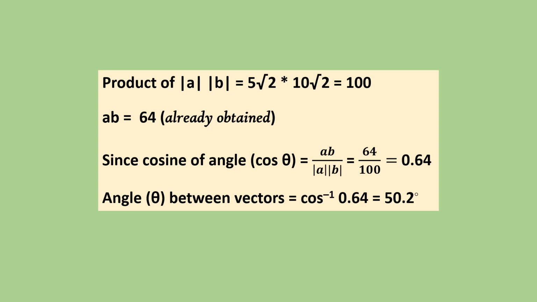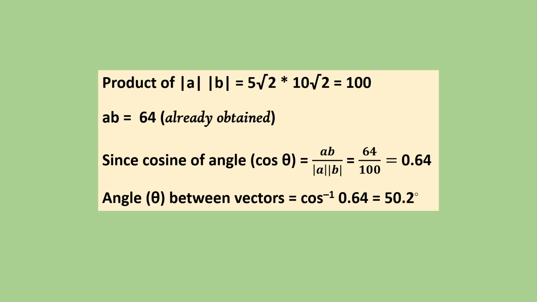So the angle will be cos inverse 0.64, that is 50.2 degrees. Of course, I have got this from the table or calculator. You can't actually say offhand, but you can get it from a calculator or from a table. Cos inverse 0.64 will be approximately 50.2 degrees. That will be the angle between the vectors.